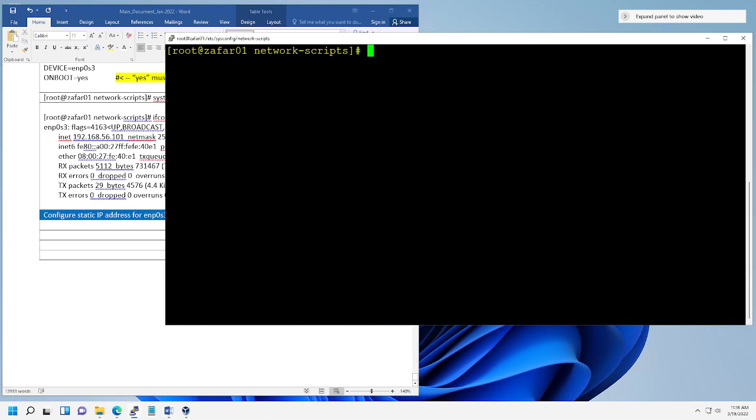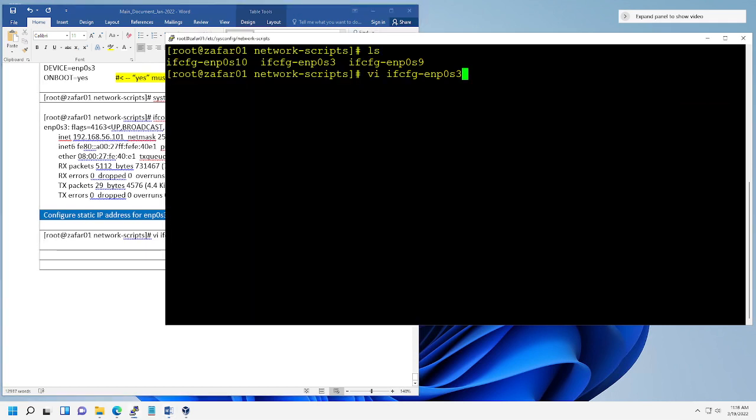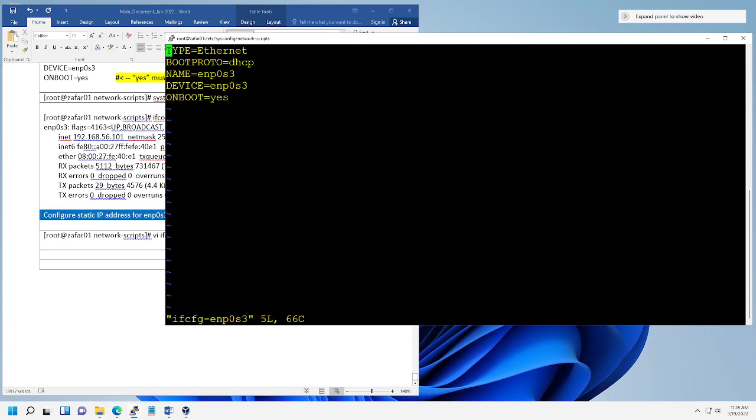What I'm going to do is go back here, vi, and edit the associated file with this network card. And I need a little bit more information here.